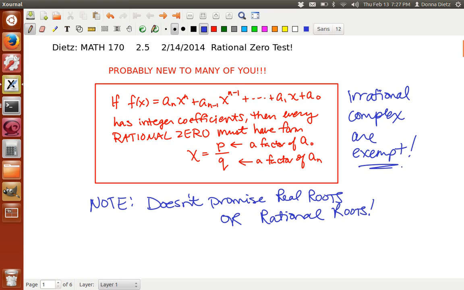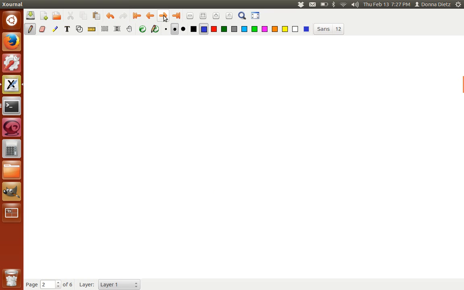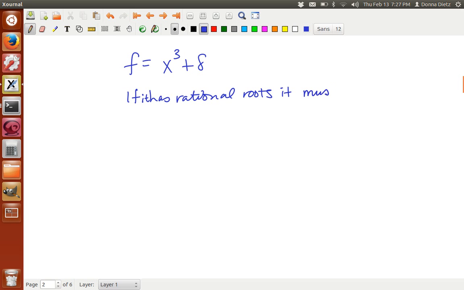Well, it is true. Okay, let me give you an example. If f is x cubed plus 8, what happens? If it has rational roots, first of all, does it? I purposely picked something. So let's see. It must be one of these. I'm going to ask you to be able to generate this list of possible roots.